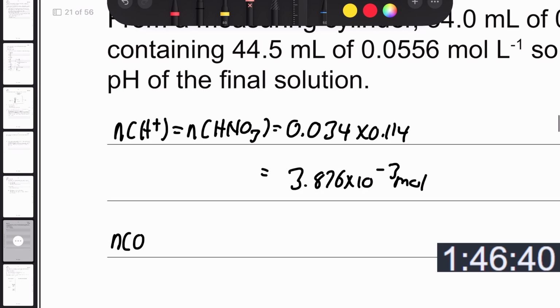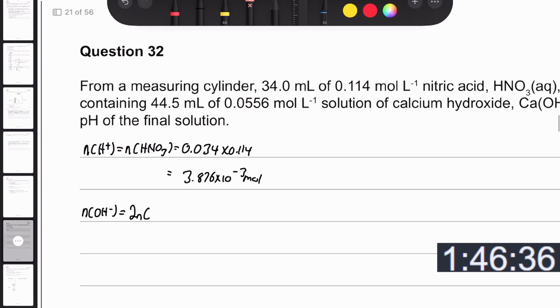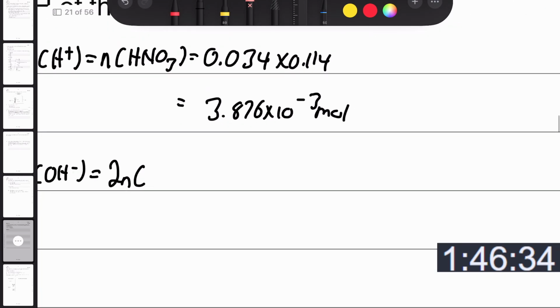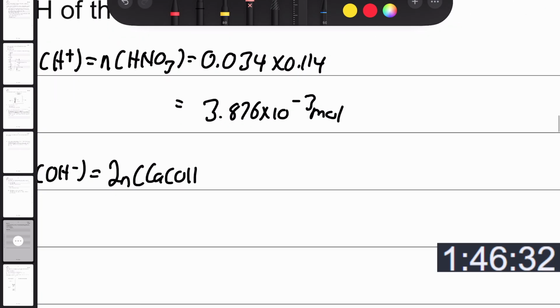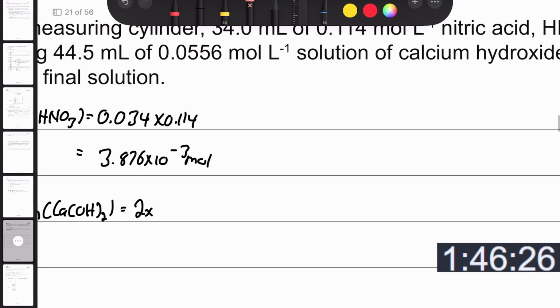Then number of OH minus equals number of Ca(OH)2 is equal to 2 times 0.0445 times 0.0556.